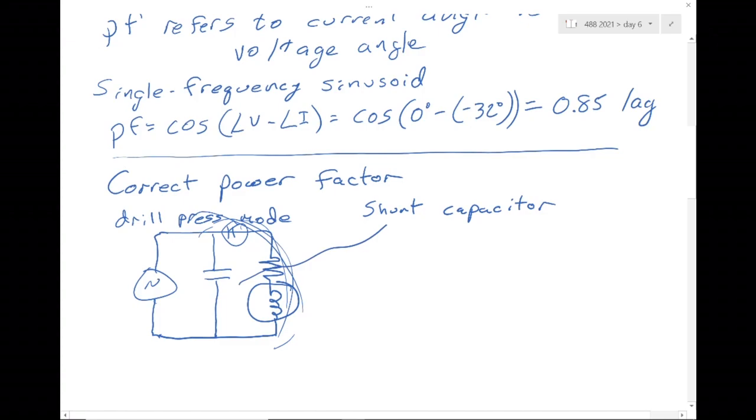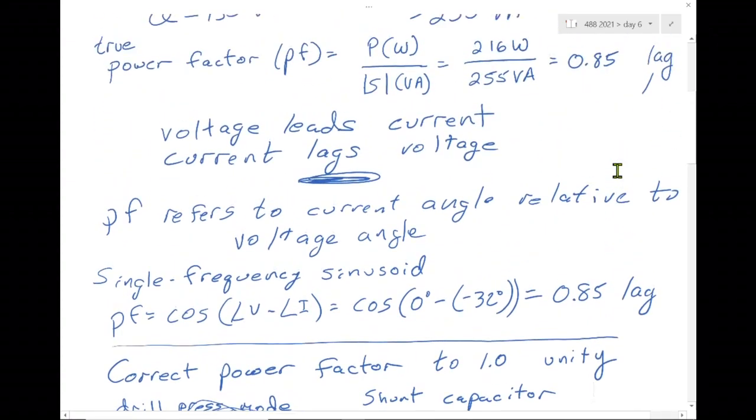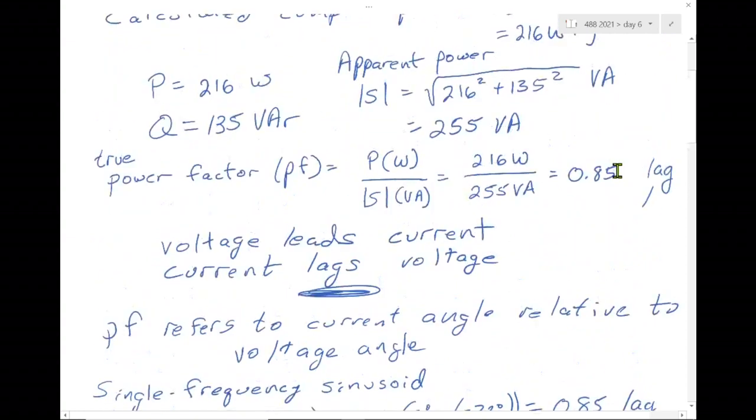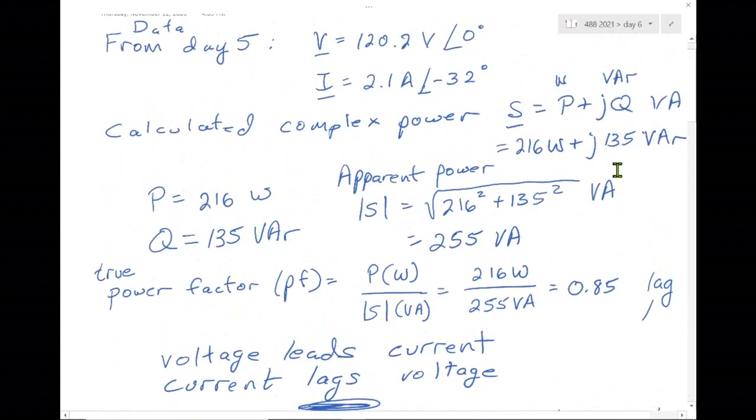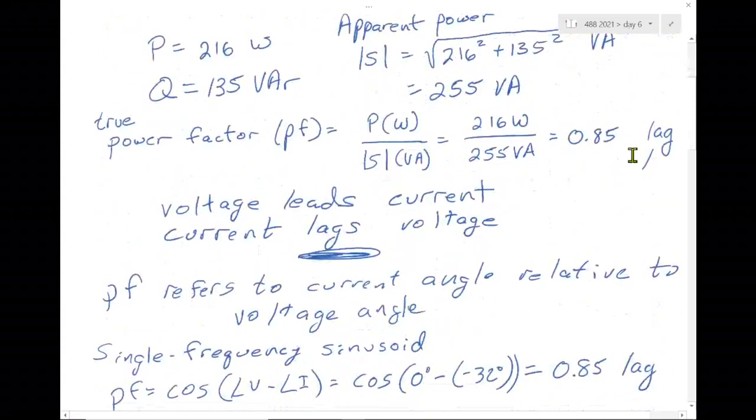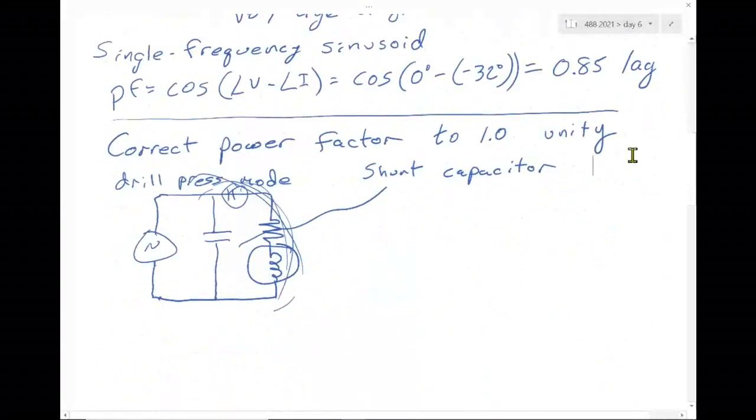Right there, shunt capacitor. So if I want to correct power factor to 1.0, which we also refer to as correct power factor to unity, we need a capacitor that will provide 135 VARs.